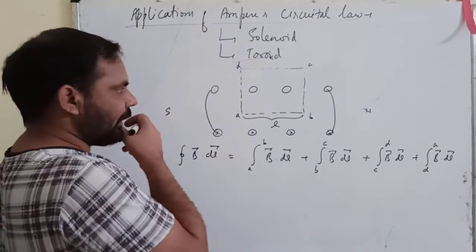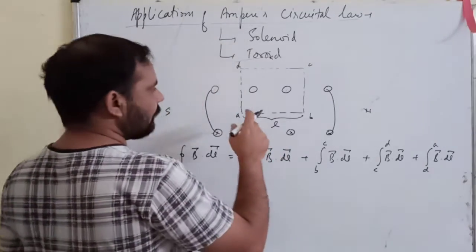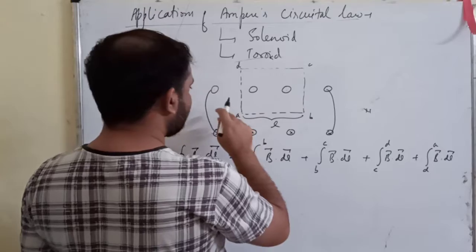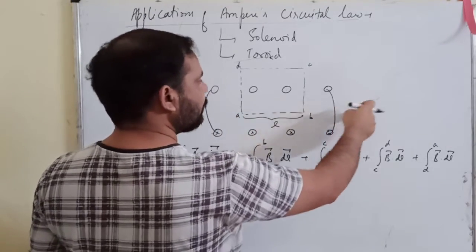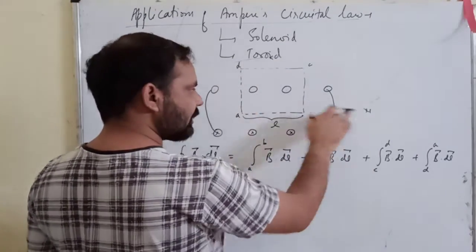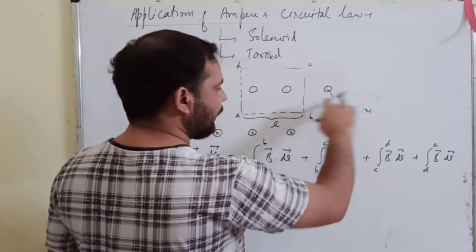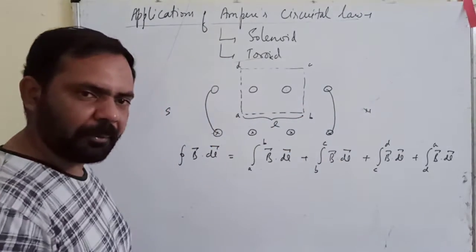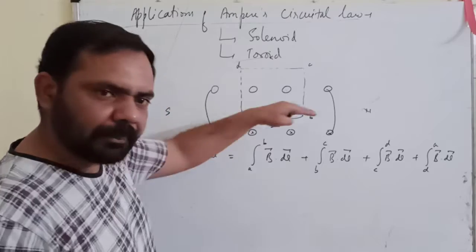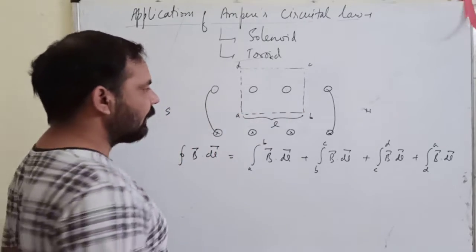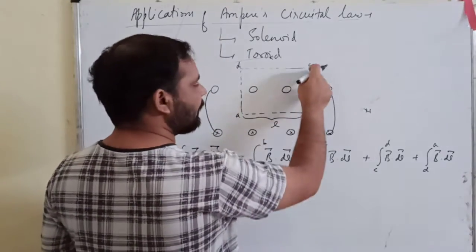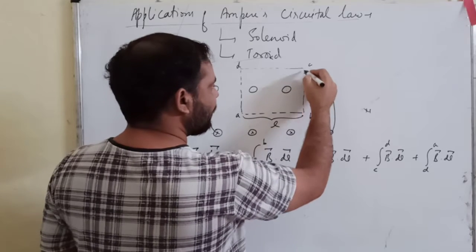Now here, what is the direction of magnetic field? It is from north to south outside, and inside it will be south to north. Means the magnetic field lines are horizontal. Now in this part B to C, your dl is a part of this length.